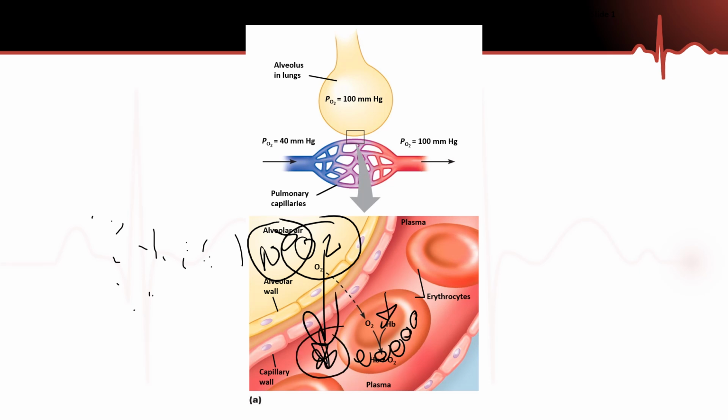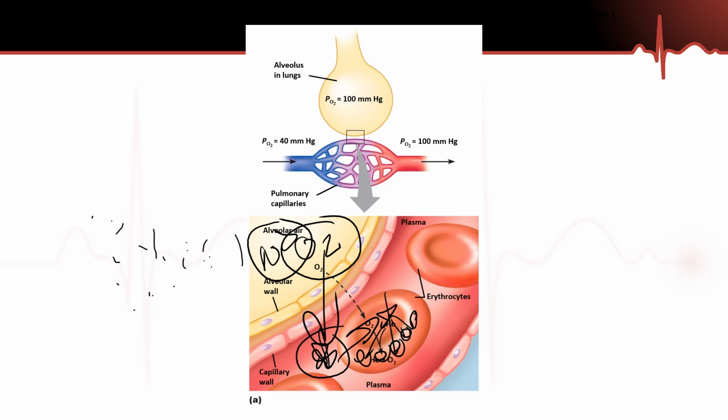So now more oxygen can come from the air in the alveolus into the blood plasma, and as more and more oxygen is extracted from the intracellular fluid of the red blood cell by being bound to hemoglobin, that will continuously drive down the partial pressure of oxygen within the intracellular fluid so that oxygen can keep coming into the red blood cell from the blood plasma.